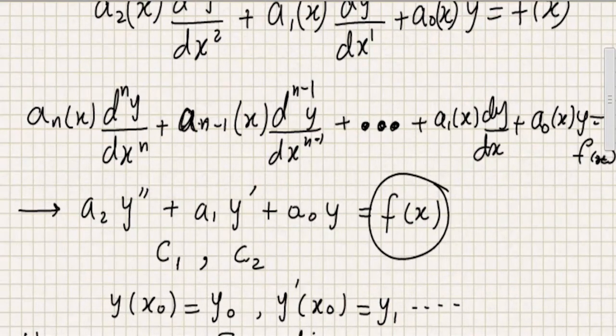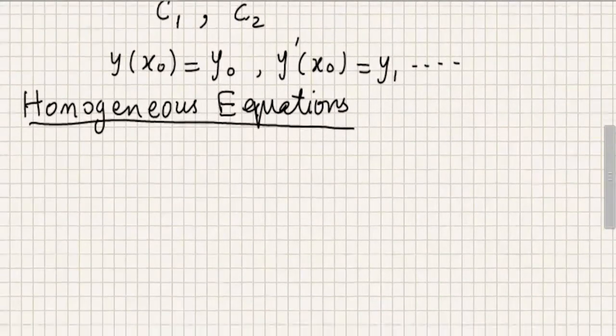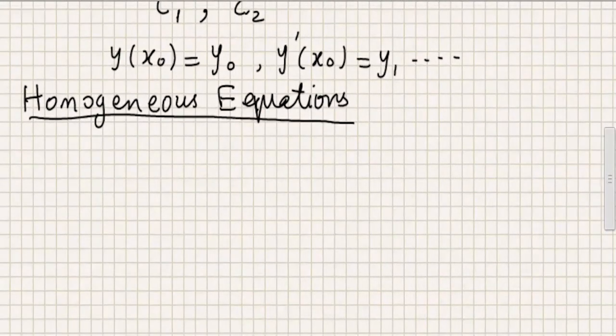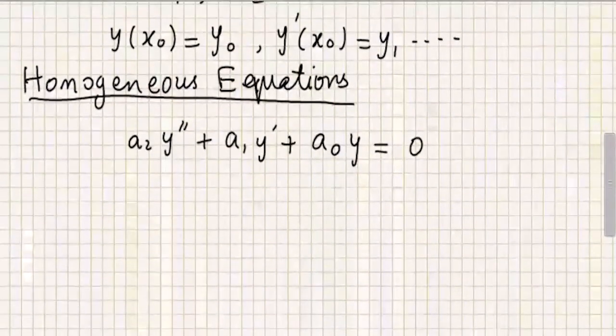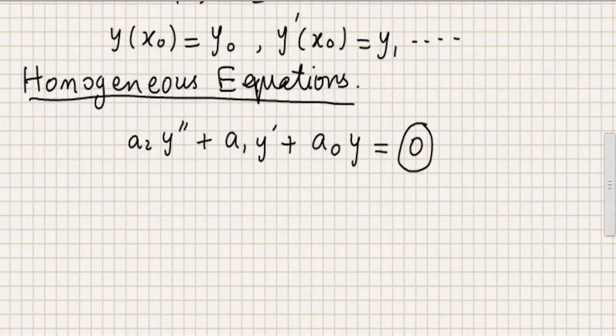So when f of x is absent, by f of x being absent we mean that it is identically equal to 0. So I'm going to write a second order differential equation: a2 y double prime plus a1 y prime plus a0 y equal to 0. So we can say that this equation is a homogeneous equation.